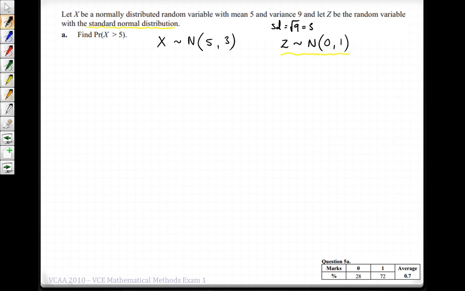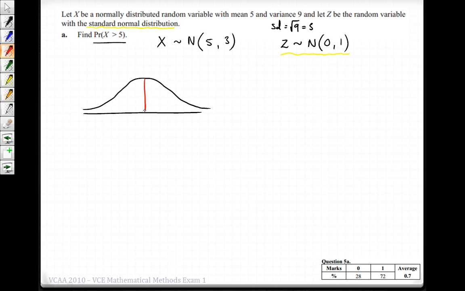So question A asks us to find the probability that X is greater than or equal to 5. So we know that the mean is 5. So for X, we've got a distribution that looks a lot like this.